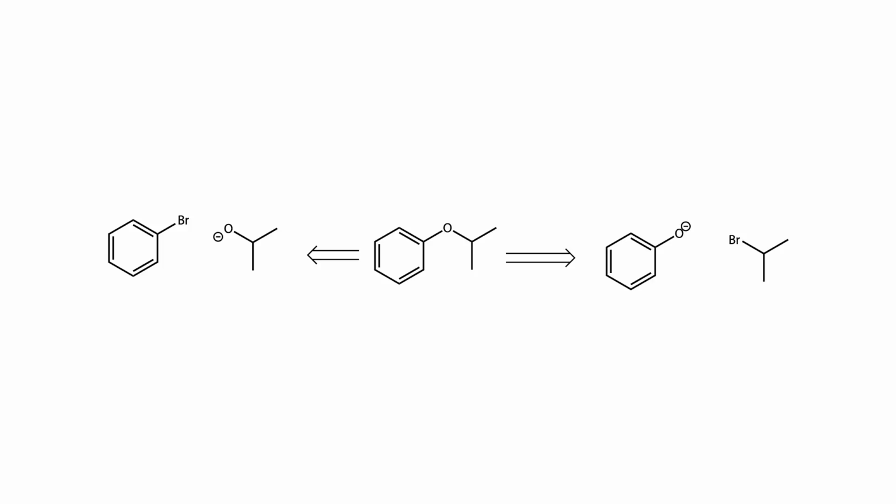One, if I want to make something like that. Well, first glance of making an ether is just to look backwards at one side is the alkoxide, the other side is the alkyl halide, but in this case, that doesn't give me two equal possibilities.